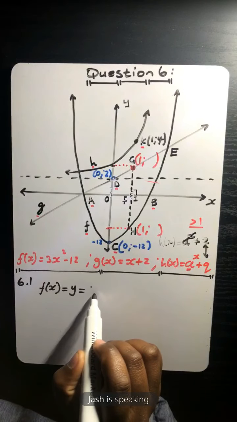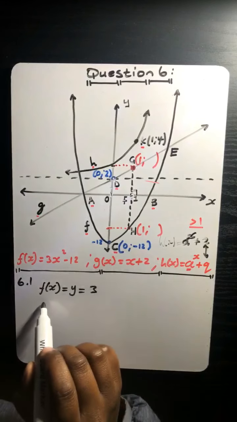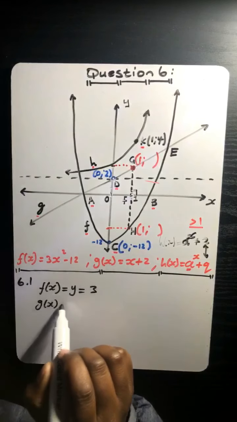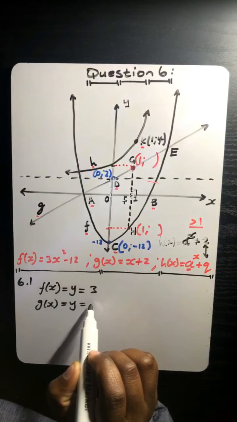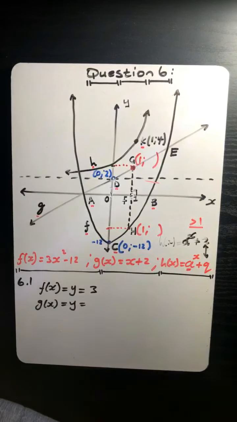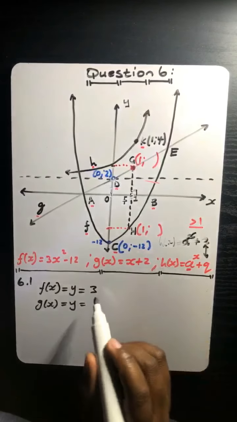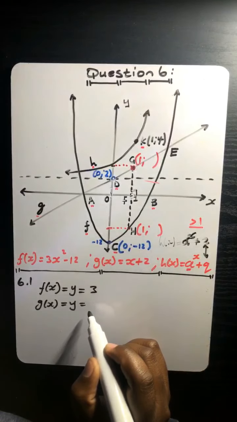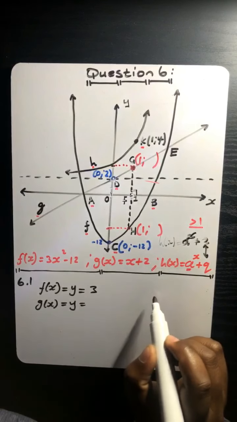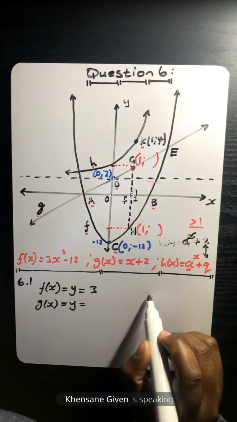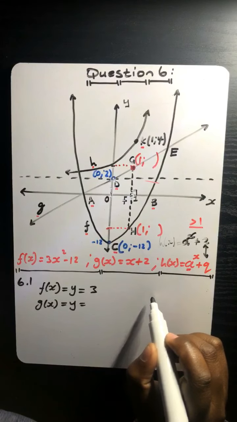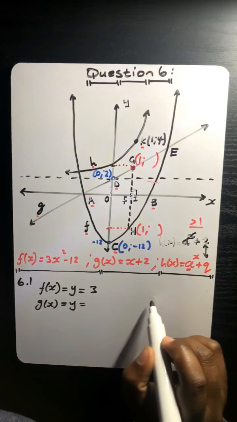Yes, sir. Shreyas, what did you get for g? In the meantime, given, what are your answers? What did you get? I got 12. 12 for which one? Or is it just 12 for both?